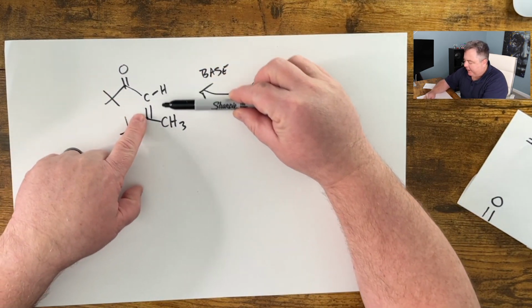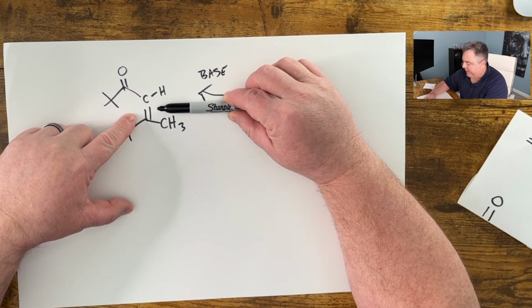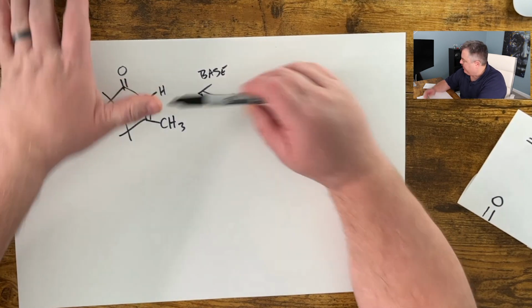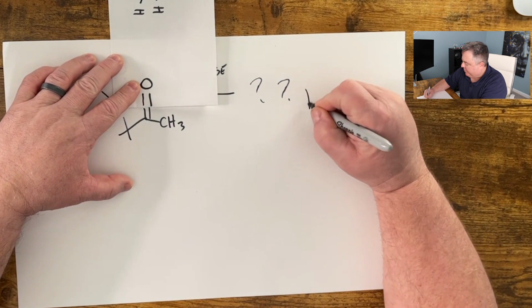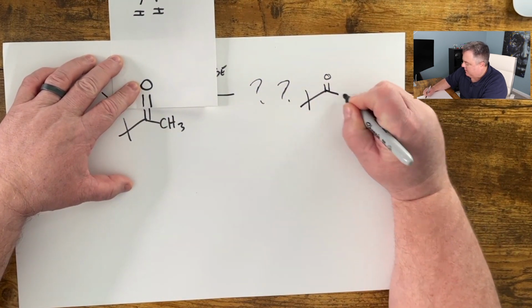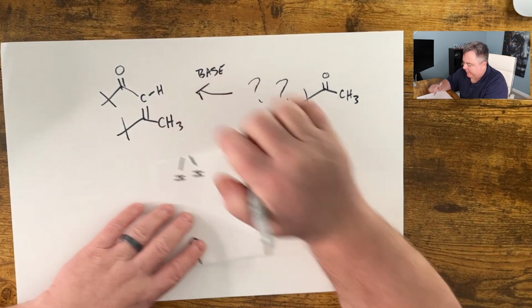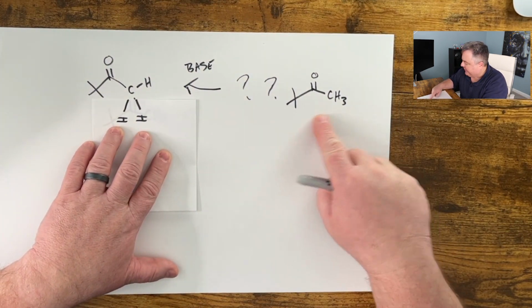So there's my carbonyl. Here's the double bond where the dehydration occurred. And what I need to do is say, well, if I cover up half of it and put an oxygen in, it looks like that would be my starting material. Let's go to the other side of that double bond and put my two hydrogens in. And do I get the same thing?